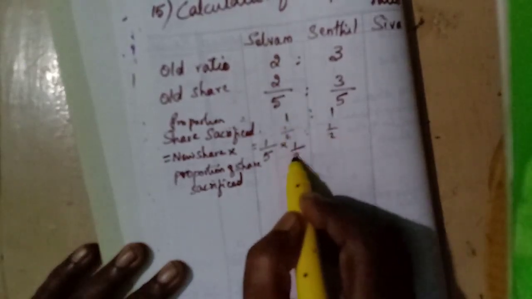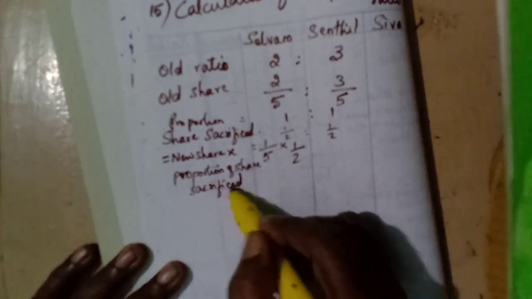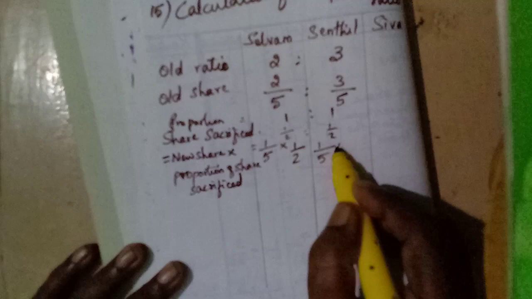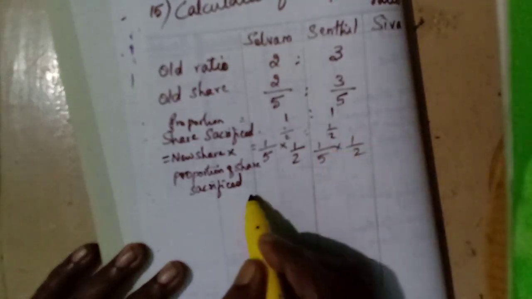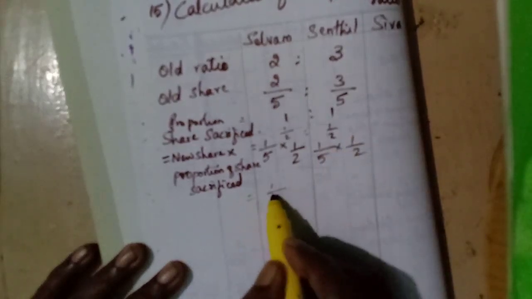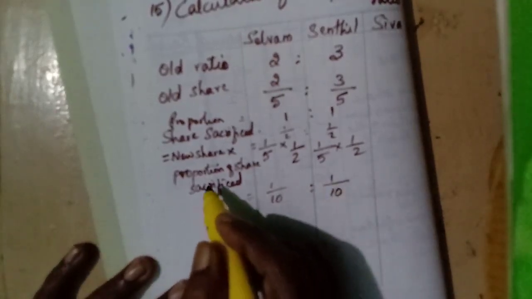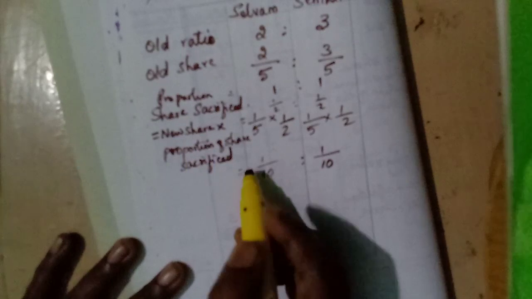Here 1 by 5 into 1 by 2. How much? 1 by 10 and 1 by 10. So this is the sacrificing share, the share sacrificed.